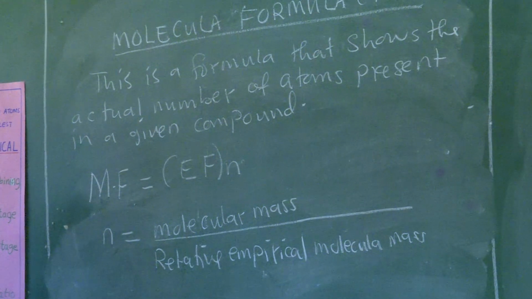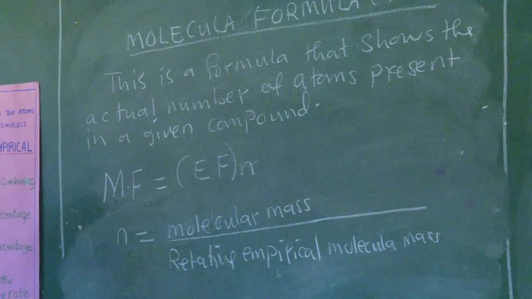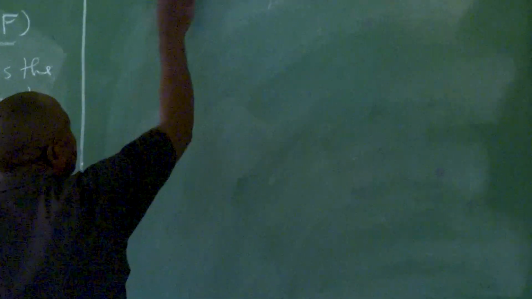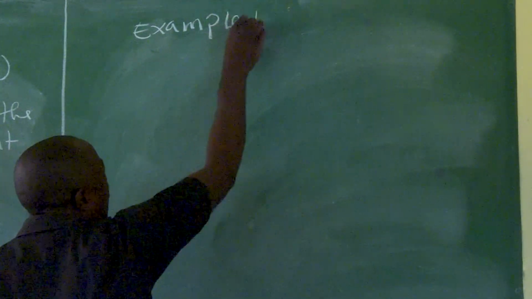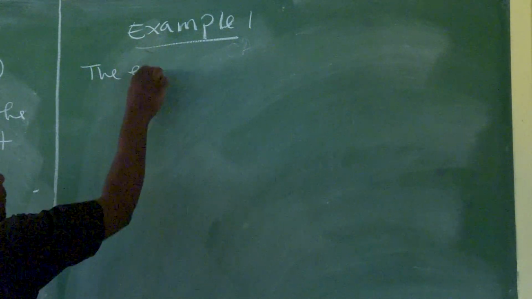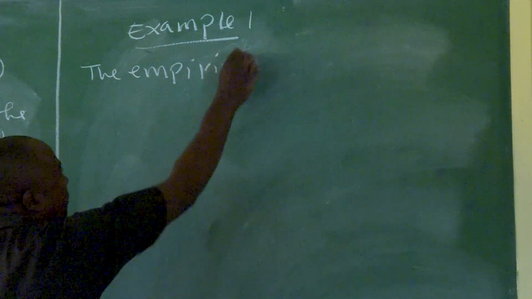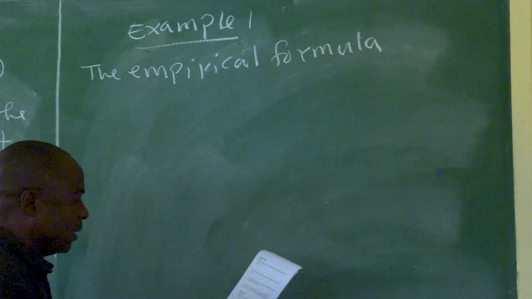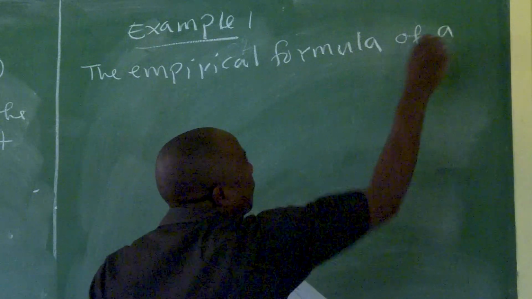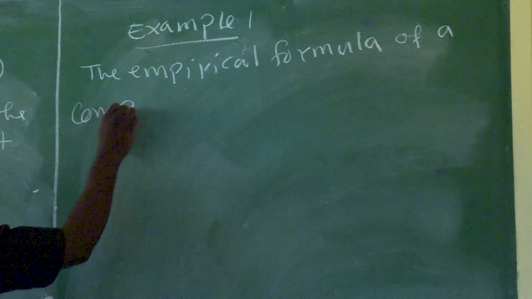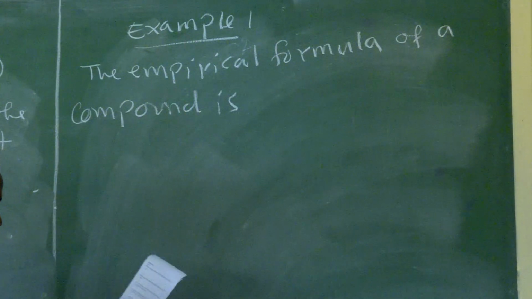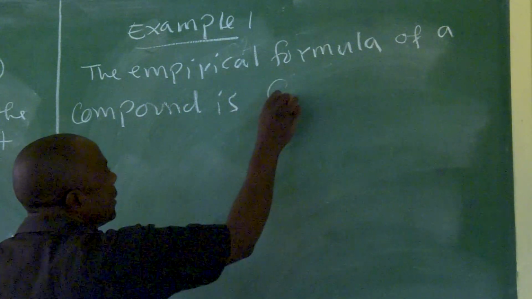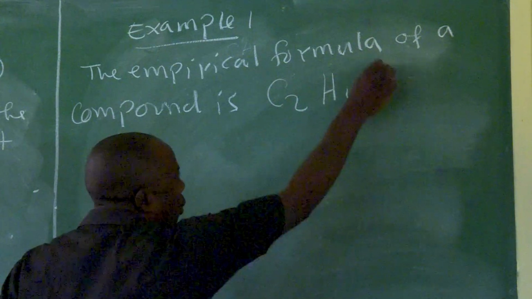Okay, let's look at the first example on the empirical formula. Example 1. What does the example say? The empirical formula of a compound is C2H4O.